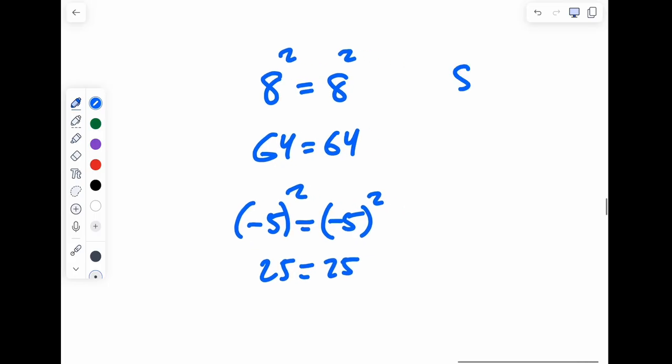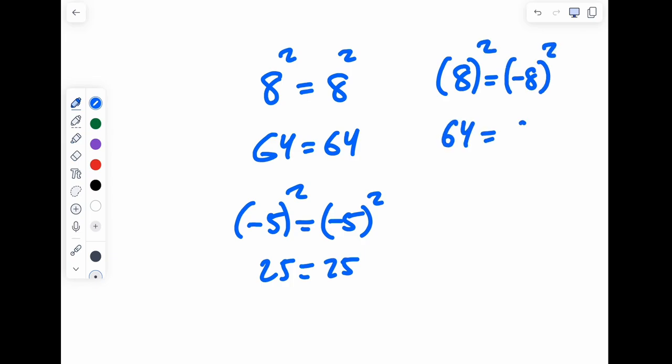But what if it said 8 equals negative 8? If I square both sides, I get 64 equals 64. Do you agree with that? So there are some untrue things that become true. That's the issue. There might be two things that are not equal, that when you square them become equal.